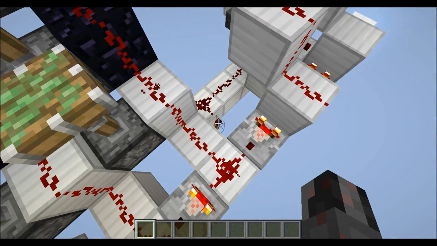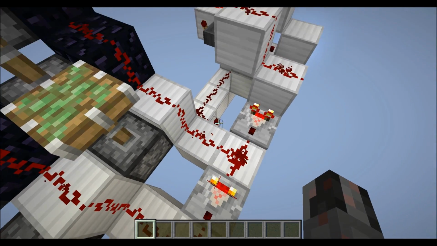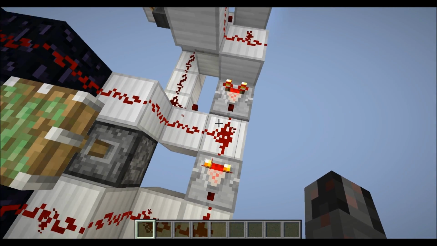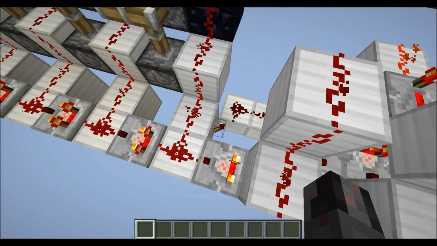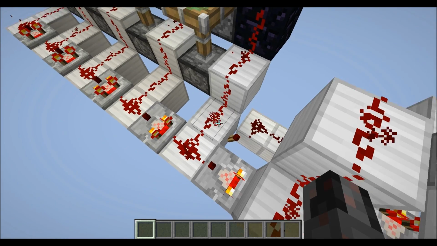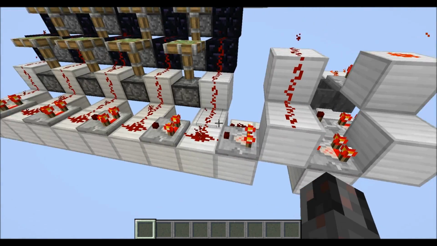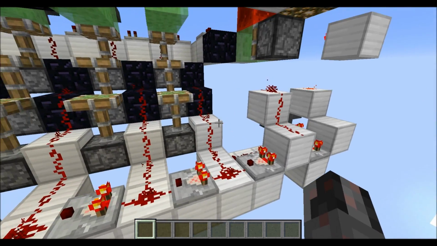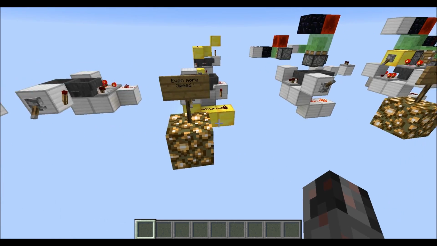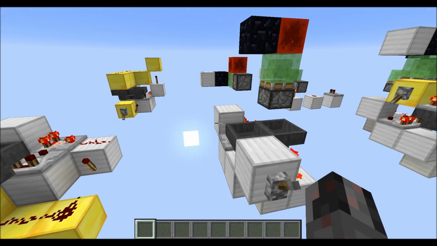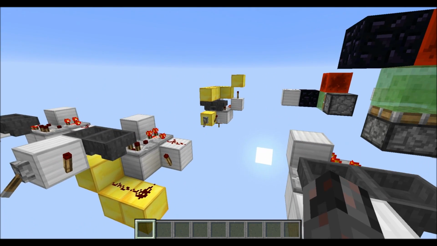So we also want to invert this signal 2 redstone away from this comparator here, which is the reason why the torch is here and not at this block here, or something similar. Just to keep in mind and make this as fast as possible. So that's the analog part done.